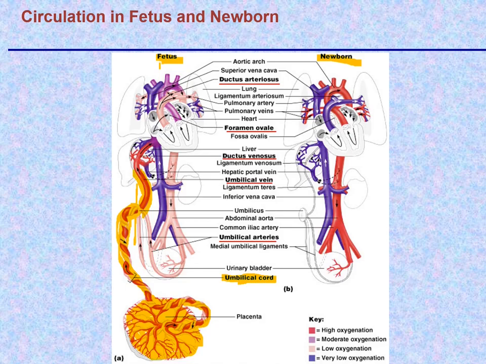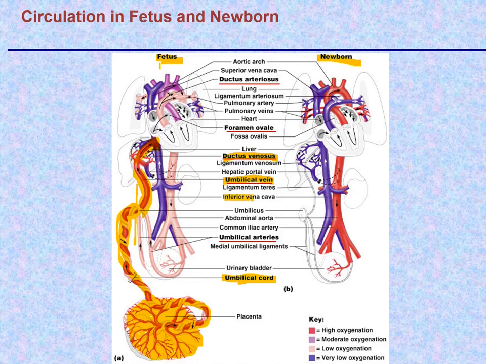Remember, normally the blood would go via the portal hepatic vein into the liver. It bypasses it because the fetus has a structure called the ductus venosus, and that's this structure here, which takes the blood from the umbilical vein and provides a shunt or connection, a bypass, directly into the inferior vena cava.